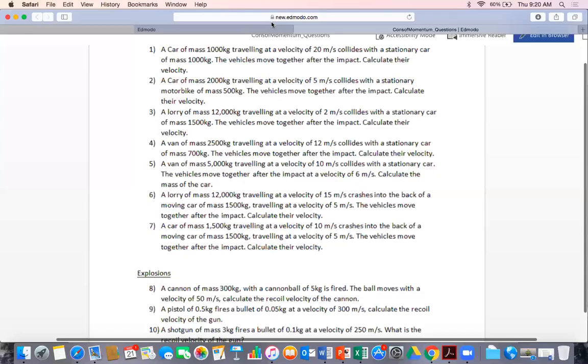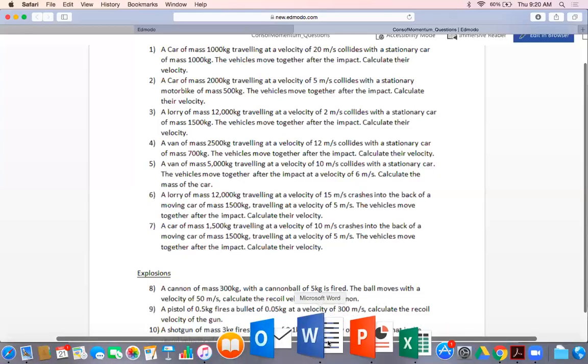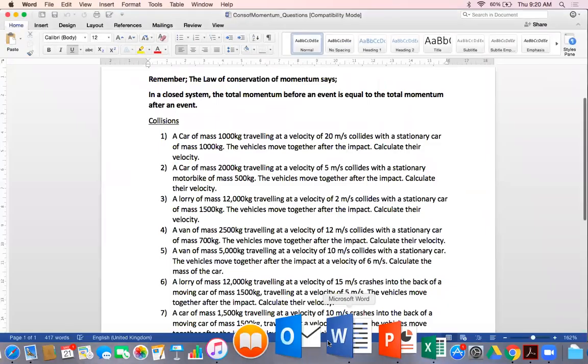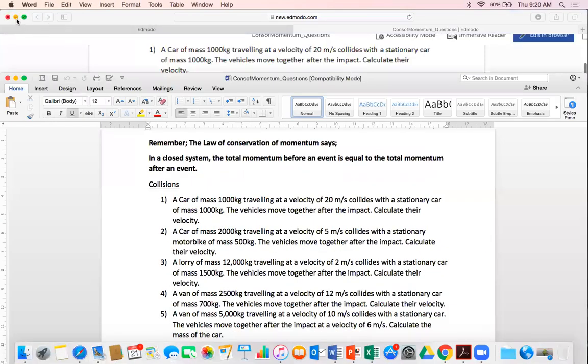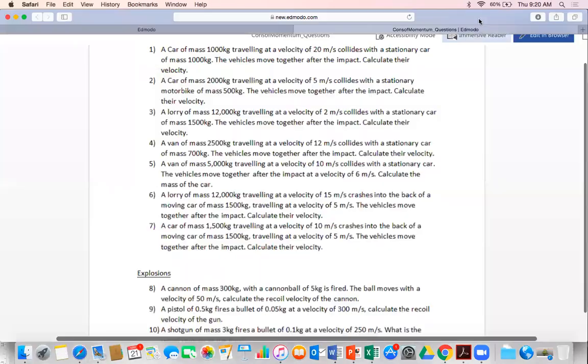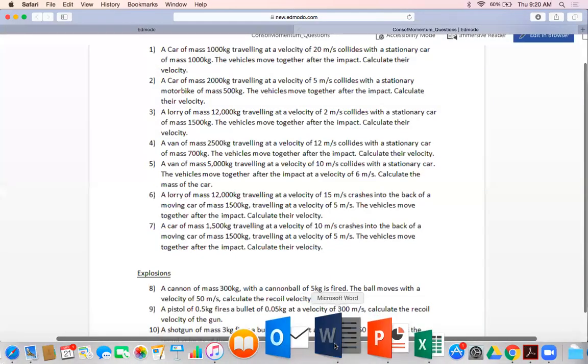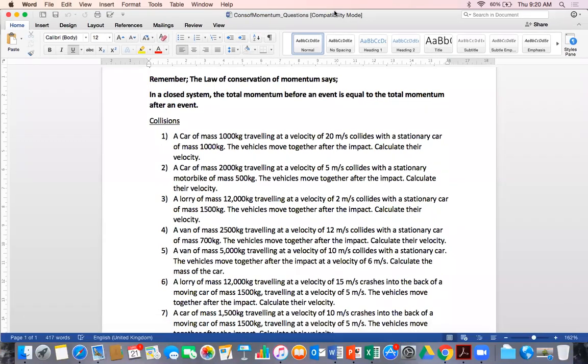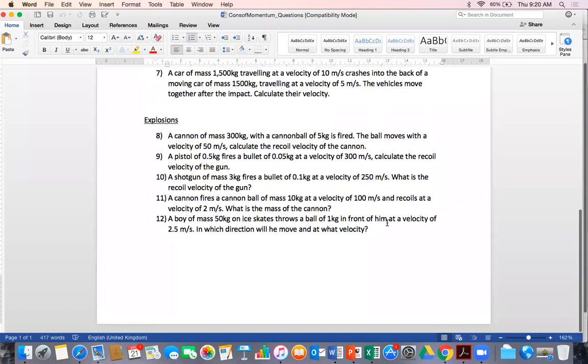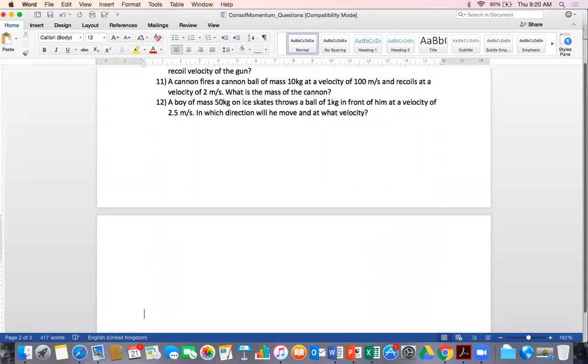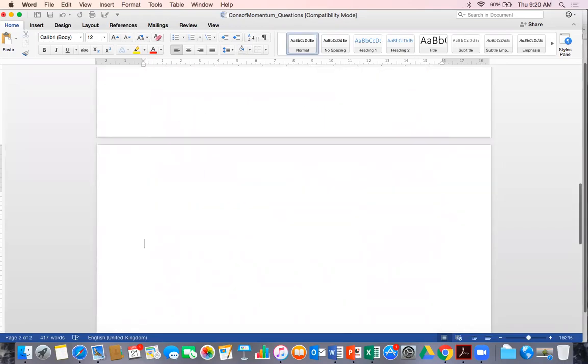Okay, I'm just going to scroll down here. So the momentum before, everyone can see me typing? Yes, sir. So momentum before equals momentum after. So momentum before is mass times velocity. We look at it separately.